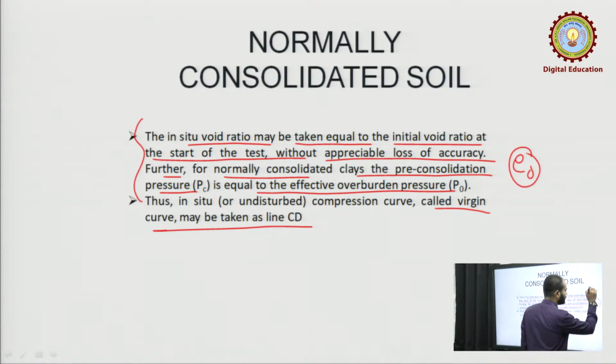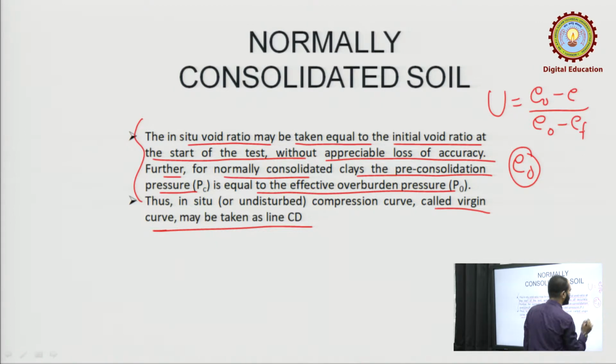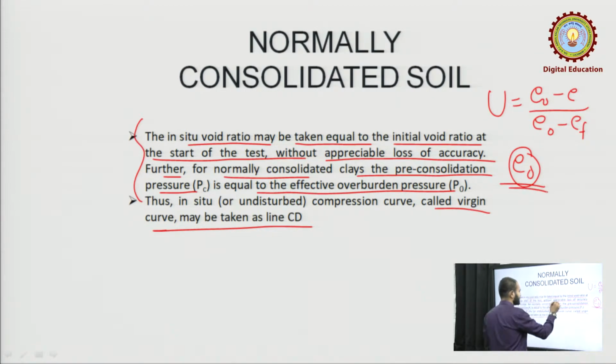If you remember the formula of U also, e naught minus e upon e naught minus e f, something like this. So, in general, it is telling us that if you do not have the value of e naught, then you can just take the initial void ratio as the in situ void ratio. These two can be taken to be equal.